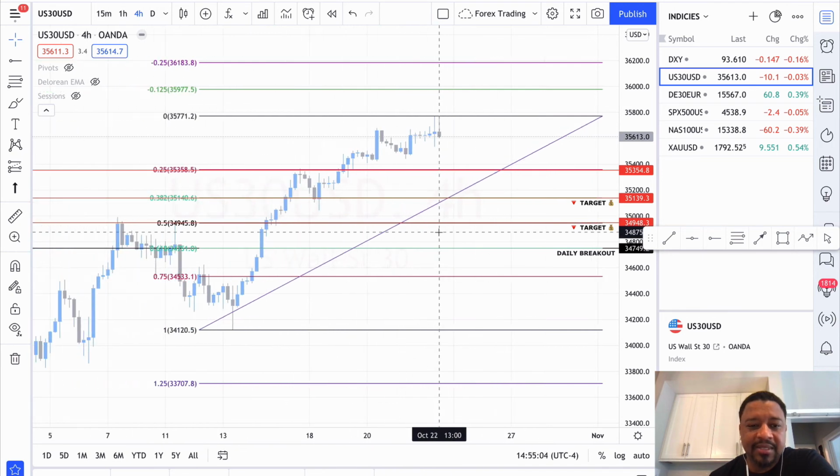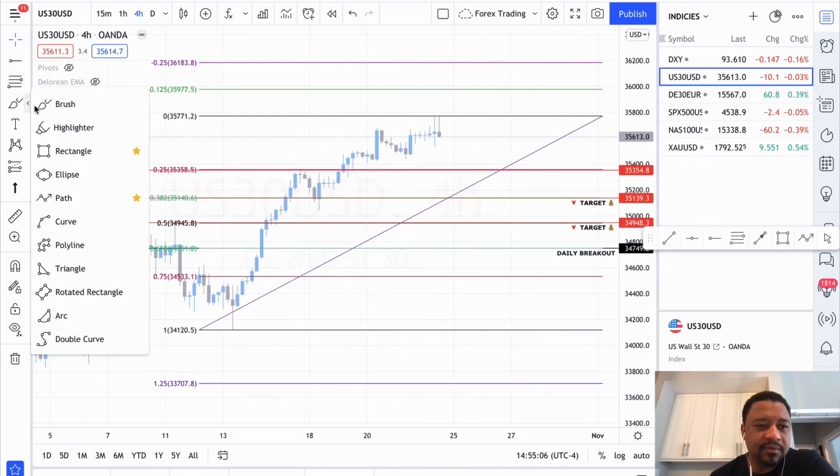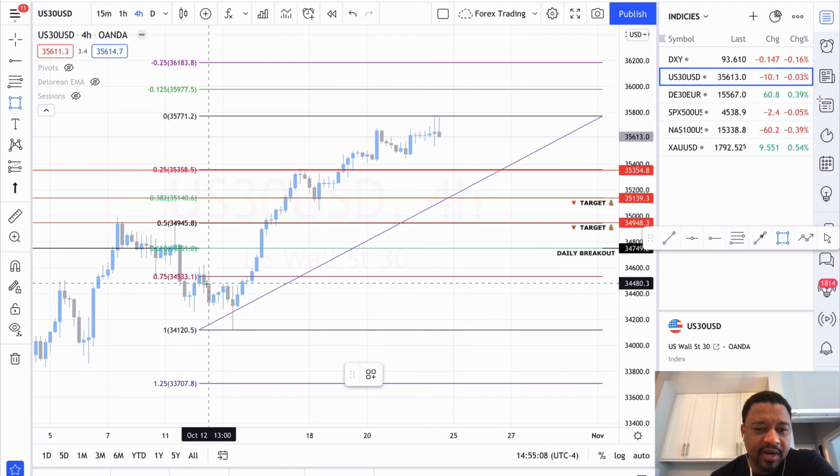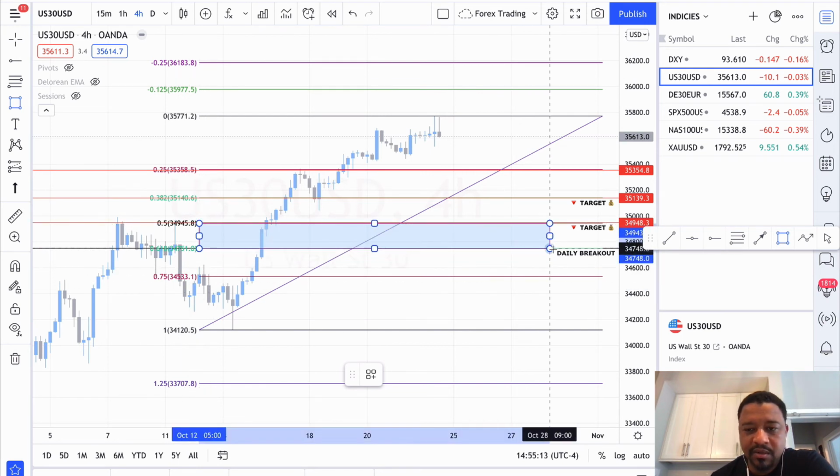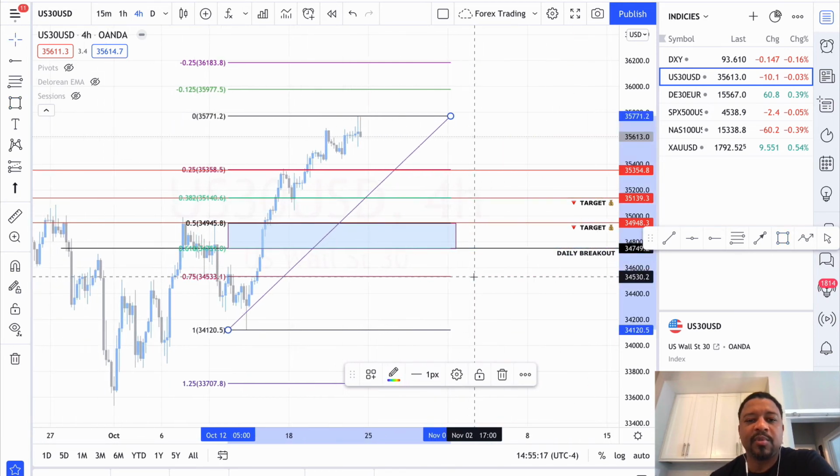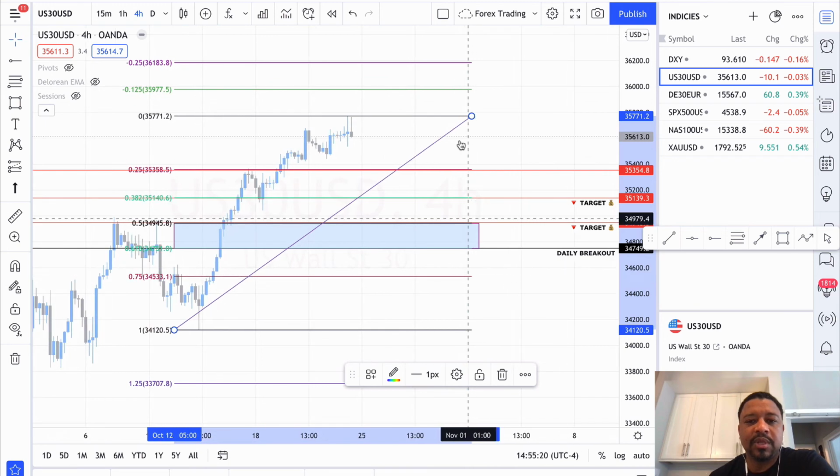And my buy zone is always between 0.5 and 0.75. So I'll put a box here. That'll be my buy zone. But I'll be looking for a retest around these areas at least.